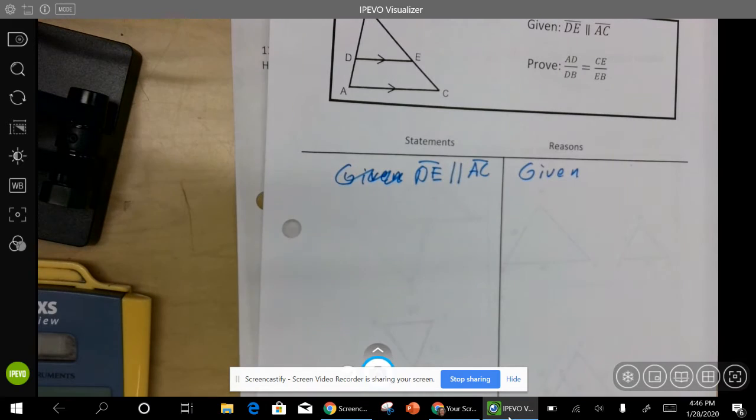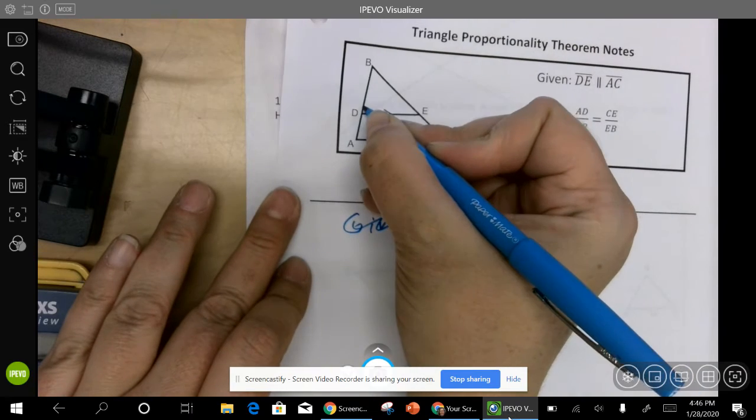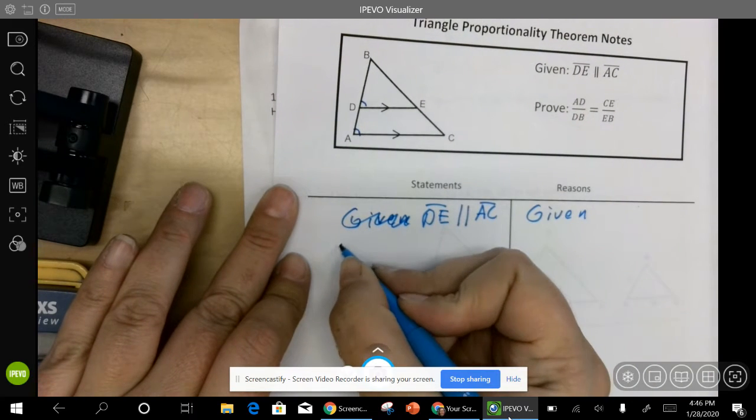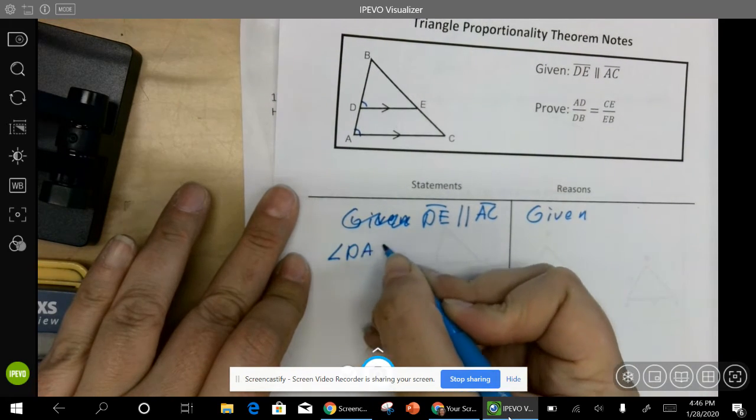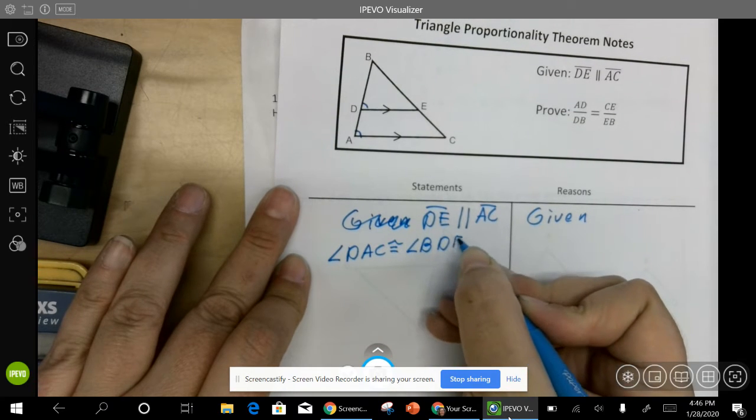Okay, and then we also have that angle DAC is congruent to angle BDE.